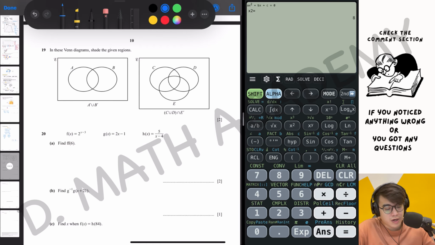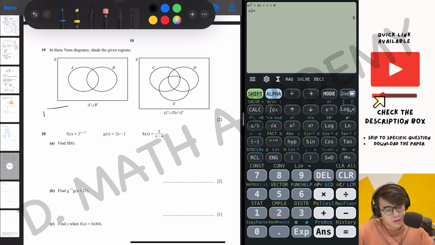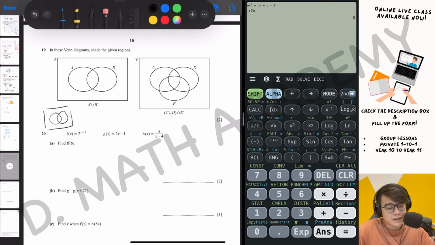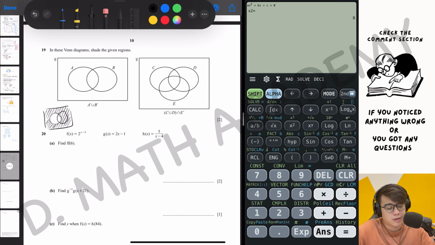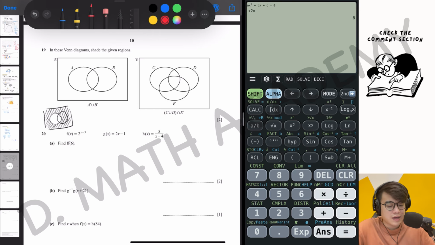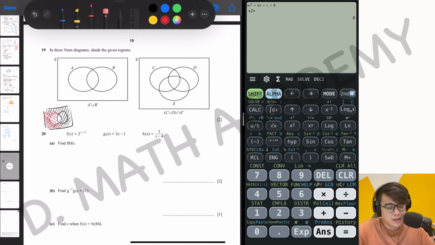Moving on to the next part, we have shading Venn diagrams. As per usual, I will draw this on the side for your illustration purpose. Everything other than A will be implying this part, which I just shaded in black lines. Then everything other than B will be the one that I shaded in the red ones.